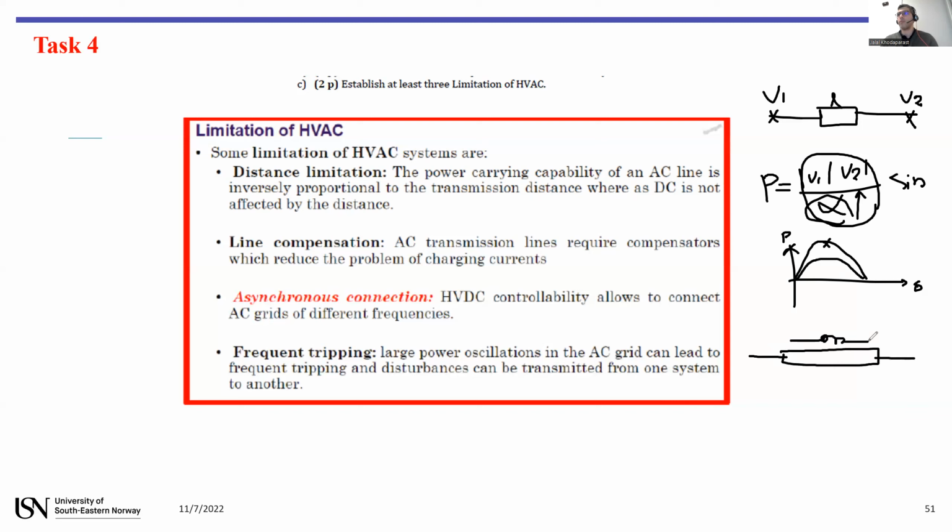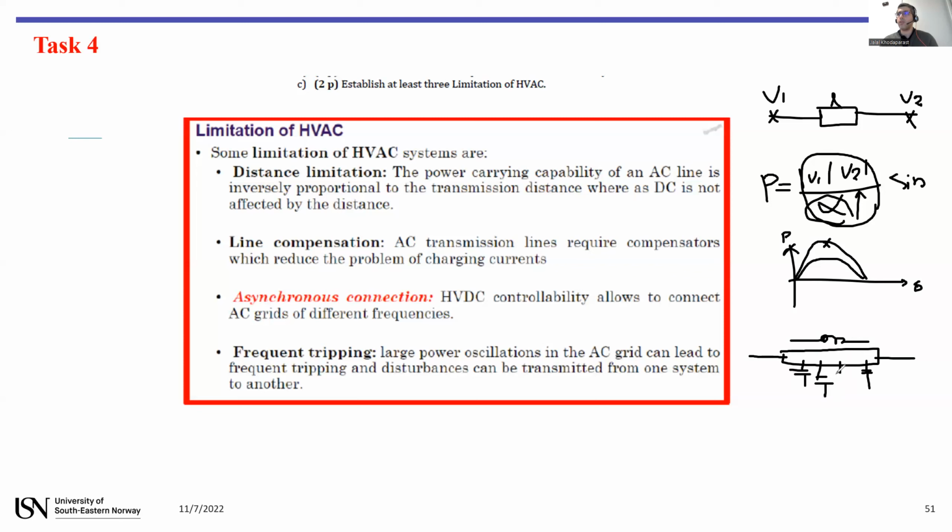The compensation: when you have a long transmission line, this one is the reactance, and we need to compensate the reactive power that you have here. So the compensation and the capacitor you have as well.